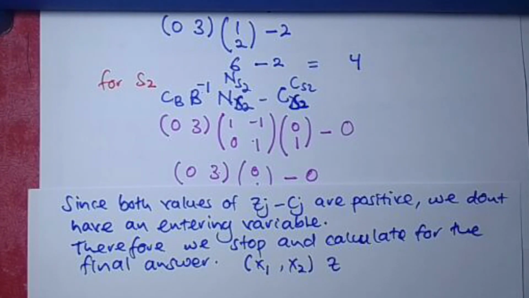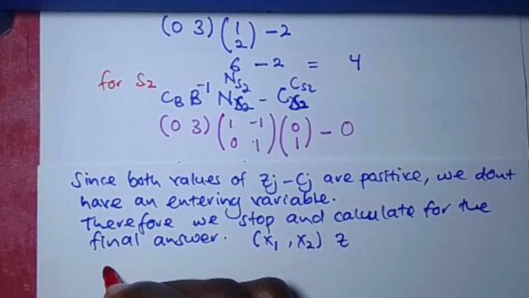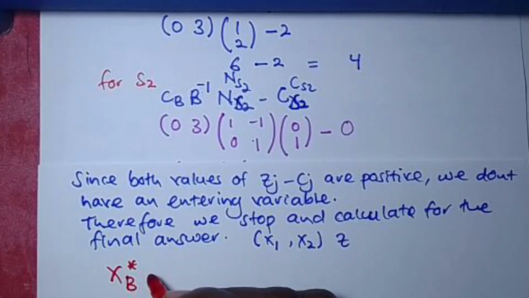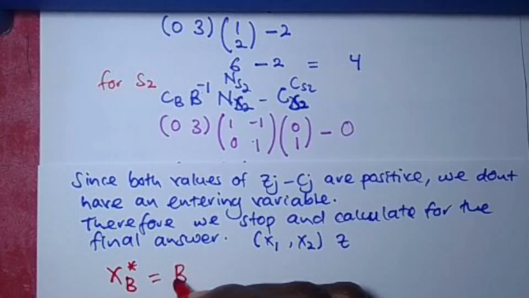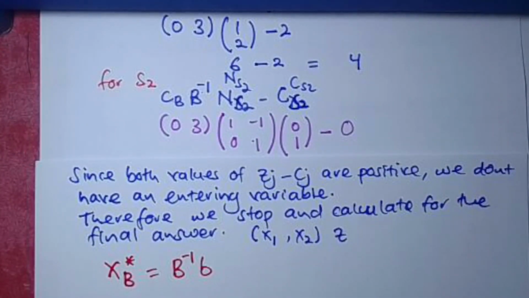We shall need to get our x basic, which is going to be equal to b inverse times b. So this is the formula we are going to use. Our x basic, the new one we formed, is going to be equal to b inverse times b. That gives us the values of that.